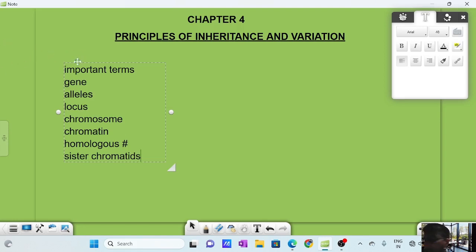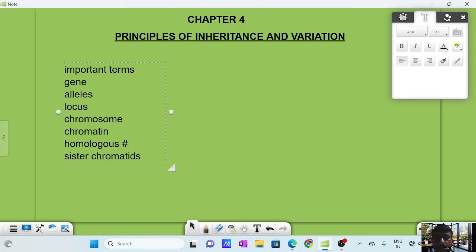First, we will be learning what is genetics. If you have read the chapter name, principles of inheritance and variation, we are studying the two terms, inheritance and variation, along with their principle and mechanism.